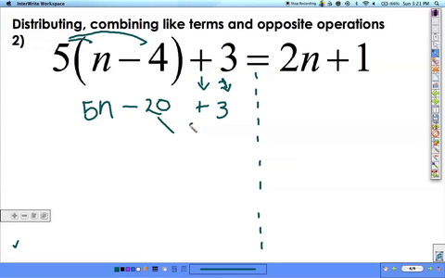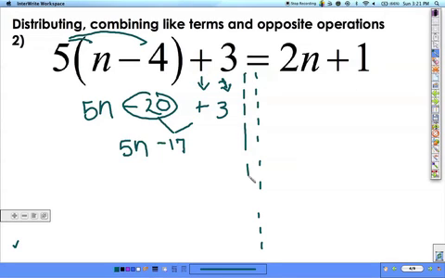So I have negative 20 combined with 3, so of course that's going to combine to be negative 17. Bring down my 5n. Now I have 5n minus 17 is equal to 2n plus 1.